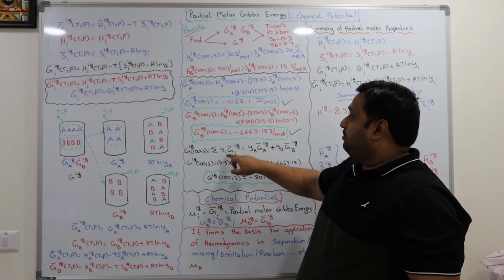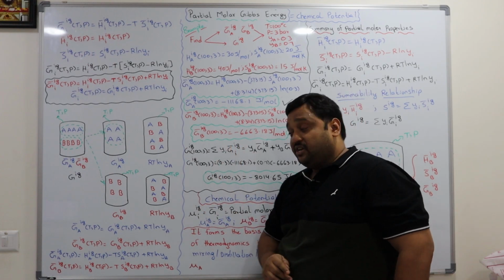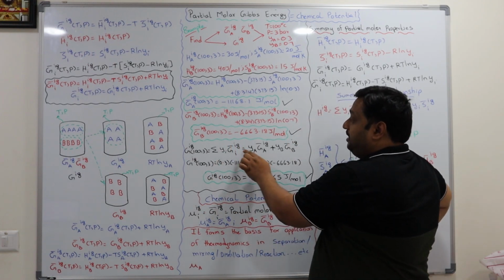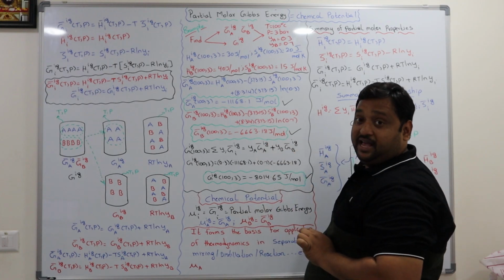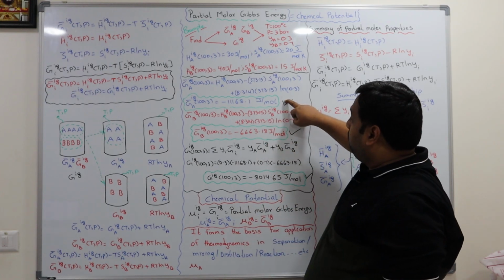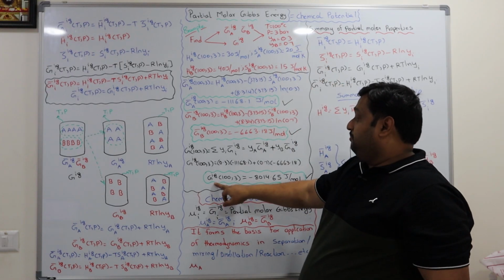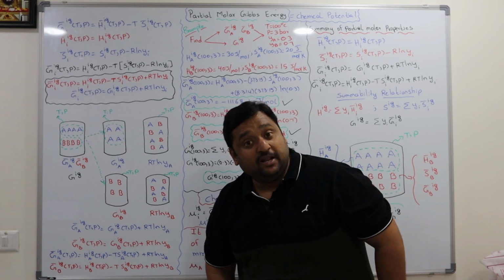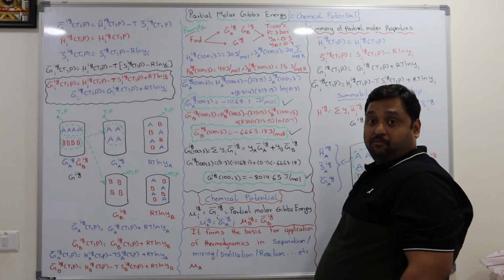So I expand sigma yi G bar i ig, because I am dealing with a binary mixture here, as Ya G bar A ig plus Yb G bar B ig. G bar A I know, G bar B I know, Ya and Yb I know. So my total Gibbs energy of the mixture constituting A plus B is minus 8014.65 joule per mole.